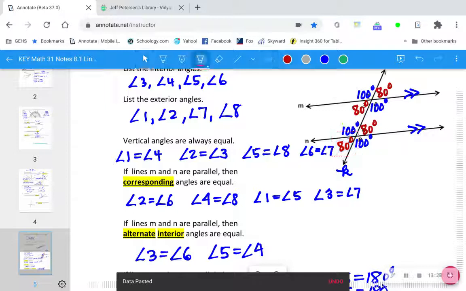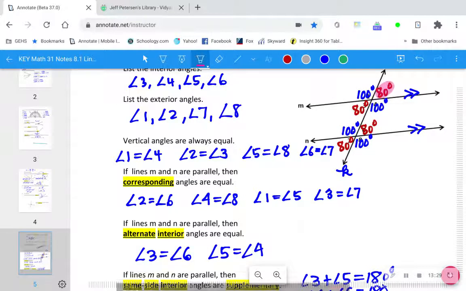And what you have is a situation where vertical angles are congruent, corresponding angles are congruent, like these two, and then alternate interior angles are congruent, like those two or these two.